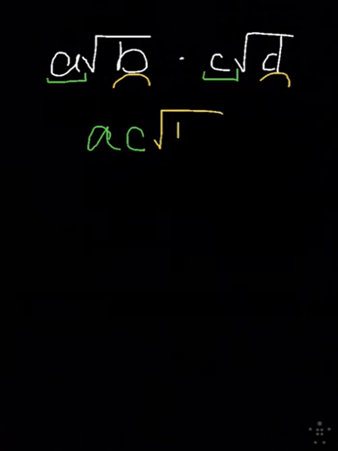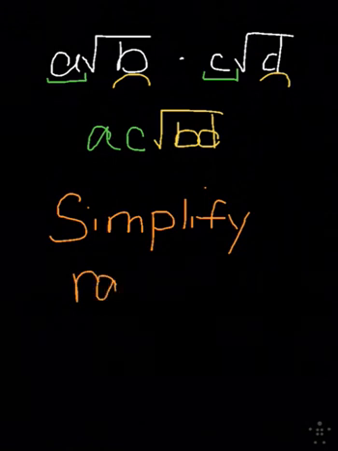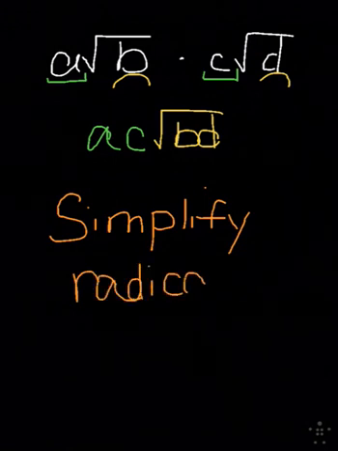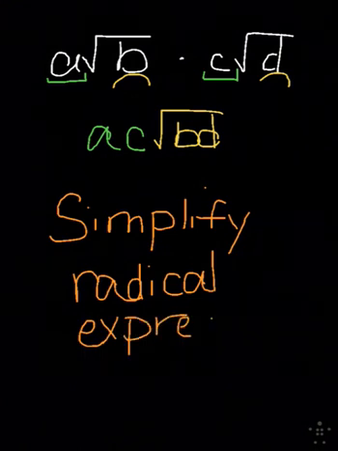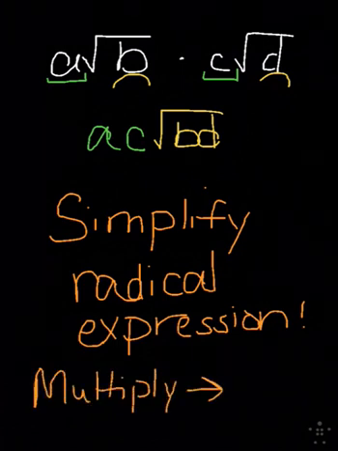That would be B times D here. And after that, all you're going to do is simplify the radical expression. Simplify the number under the radical, the radicand. And that's it. So multiply, then simplify.